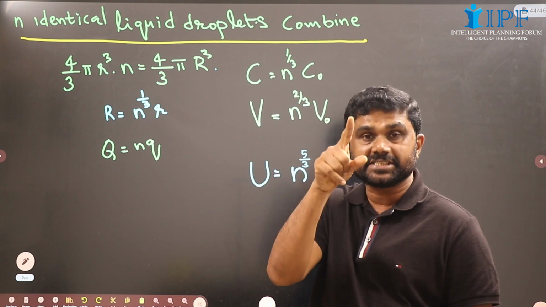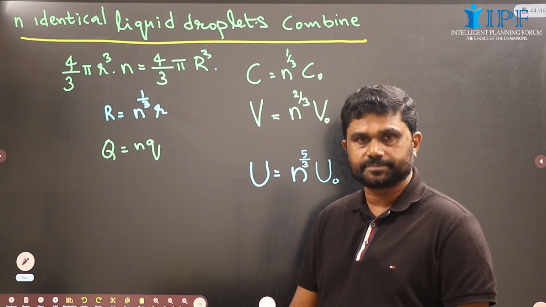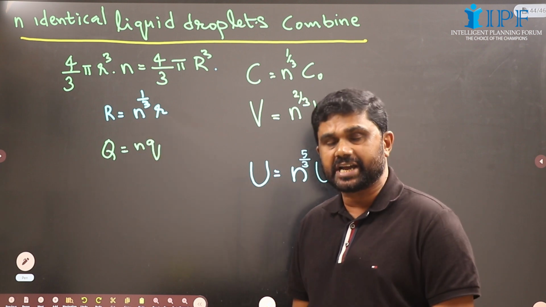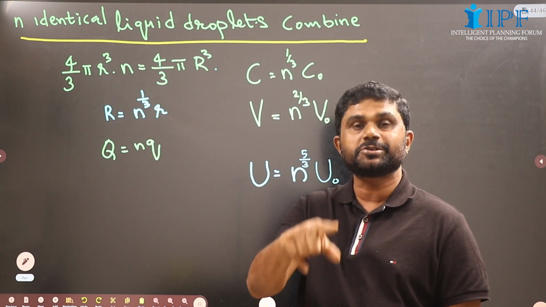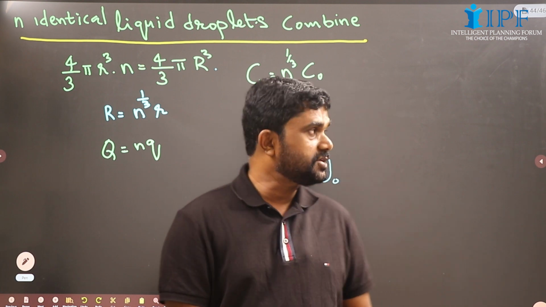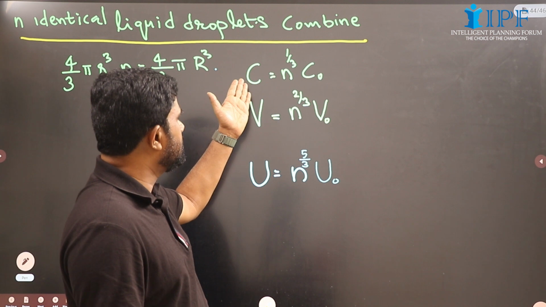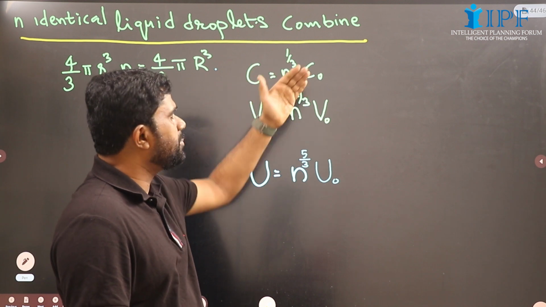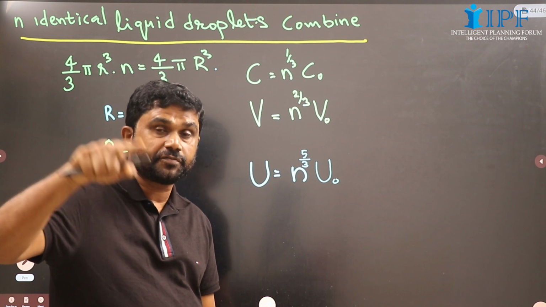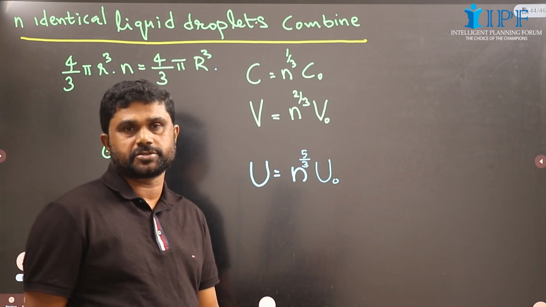The capacitance of an isolated sphere is 4 pi epsilon 0 r. So capacitance is directly proportional to radius. When the radius becomes n raised to 1 by 3 times, the capacitance also becomes n raised to 1 by 3 times, C equals n raised to 1 by 3 times C0, where C0 is the capacitance of each small droplet.